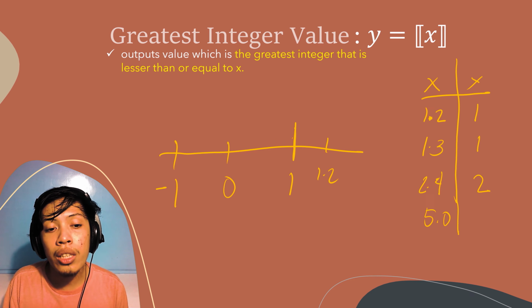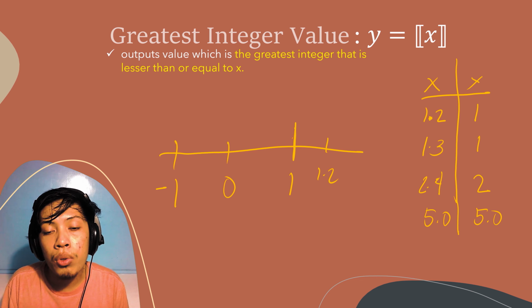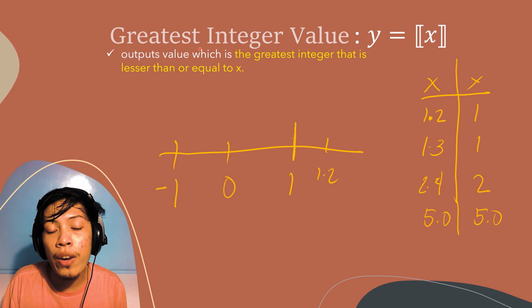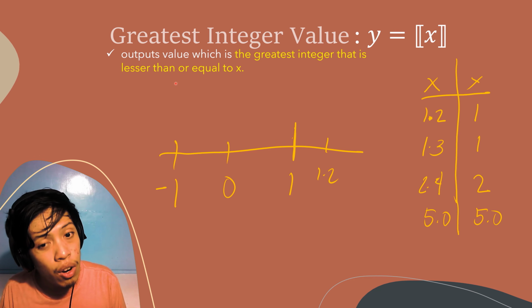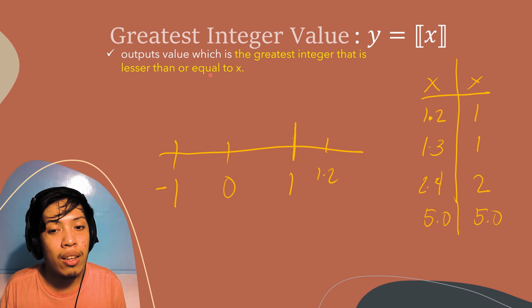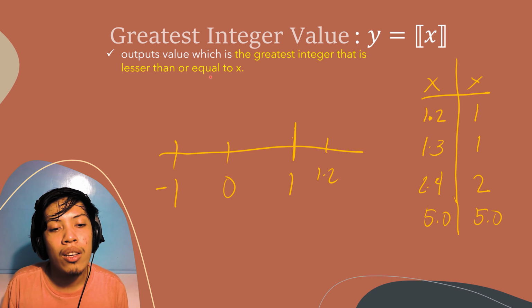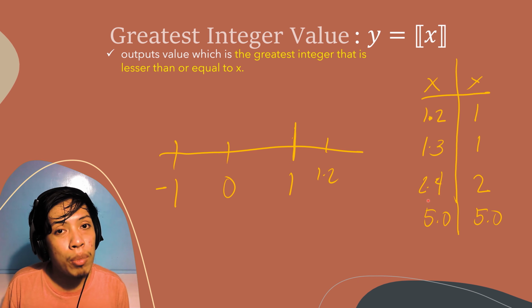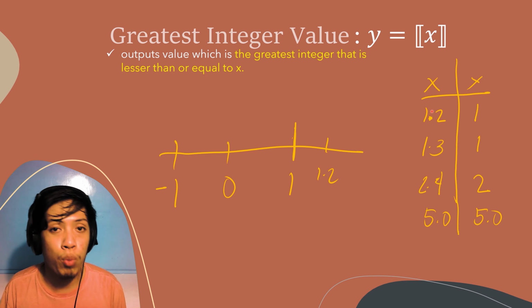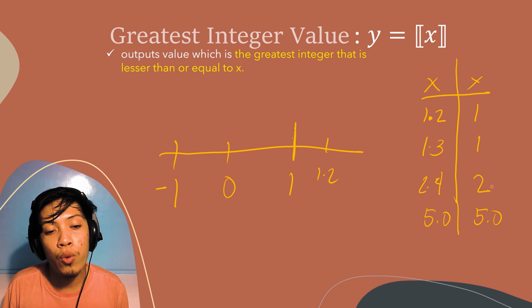Of course, that is 5.0. Take note, it outputs the value which is the greatest integer that is just lesser than or equal to x. So for 2.4, the lesser integer is 2, and 2 happens to be the greatest integer that is just below 2.4. That's why your output for y is 2.